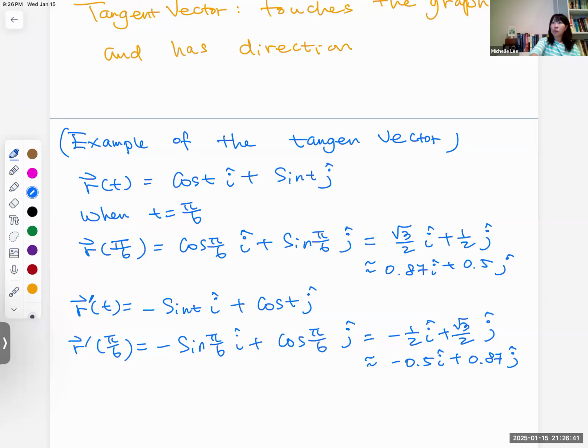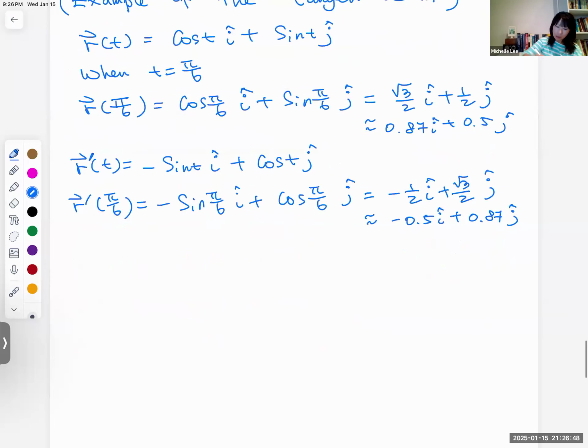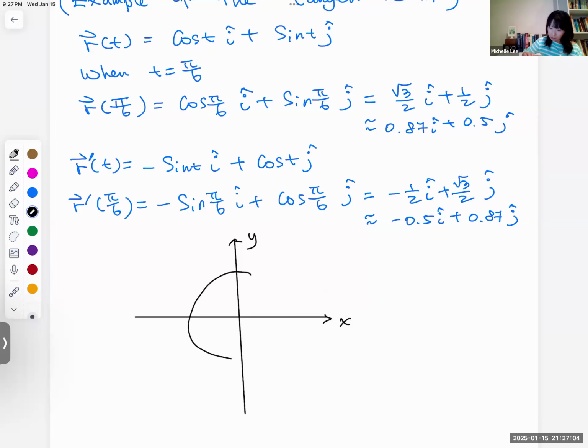Okay, so let me draw. We have the unit circle, x, y, approximately. So this is 1, negative 1, 1, negative 1.